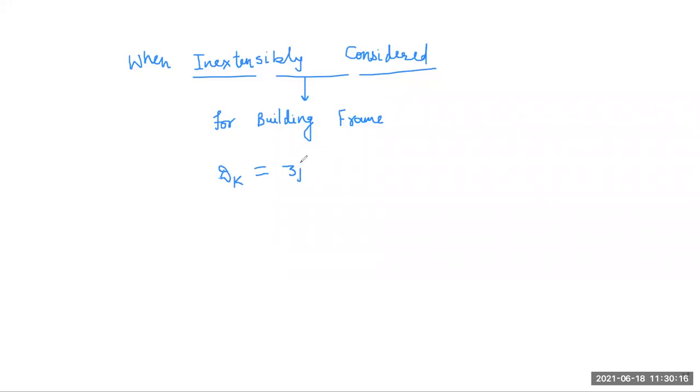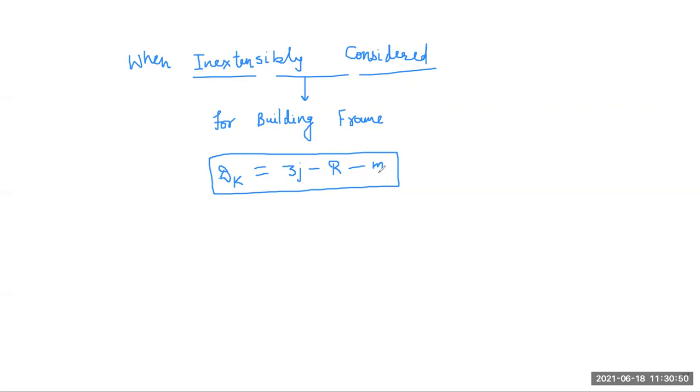So here Dk is equal to 3j minus r minus m. What is m here? Can you say what m is here? Sir, m is the number of inextensible members. Okay, so it is the inextensible member.